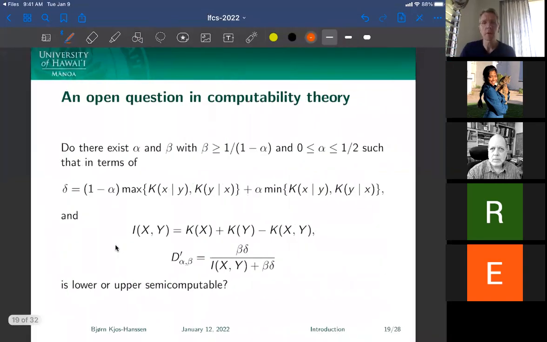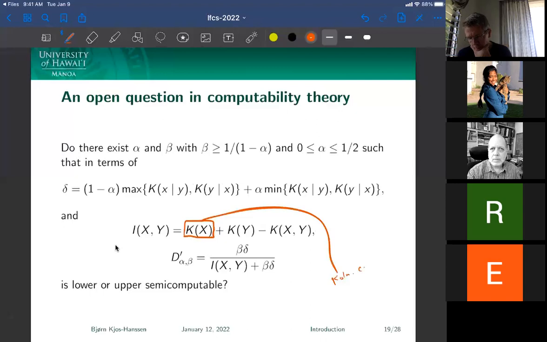Okay, so some open questions. In computability theory, here's an open question. Remember K of X is this Kolmogorov complexity, and that's defined in terms of Turing machines and computability. So then we can make a function like this.